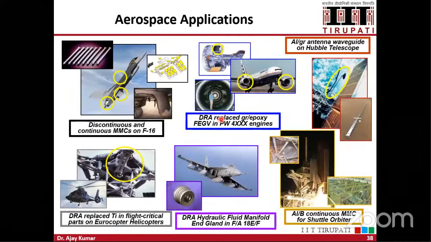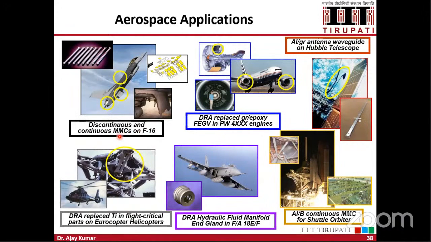Now let us discuss the different applications of the composite materials. As I mentioned, these composite materials can be used in aerospace. This slide will give you a brief idea where these composite materials can be used. This is an example of an aluminum graphite composite in the Hubble telescope. This is an example of the F16.